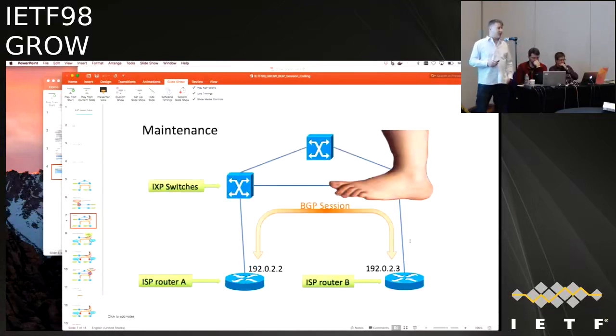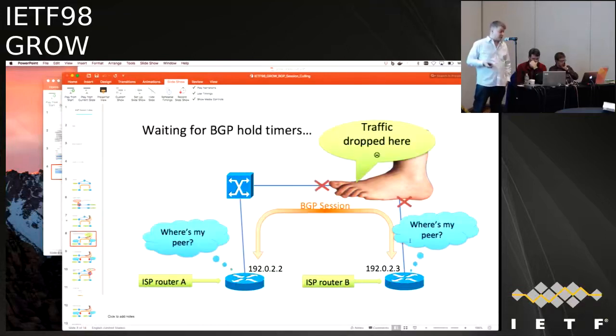Now a more exciting example. Let's move to involuntary teardown. If on the IXP, at one of the core switches, somebody wants to do maintenance, neither side will see their interfaces go down because it's a switch in the middle. And this foot symbolizes the maintenance. So under normal circumstances, if you take no precautions and you do maintenance on that switch in the middle, then both sides will need to wait for their BGP hold timers to expire, which can take anywhere between 90 and 180 seconds.